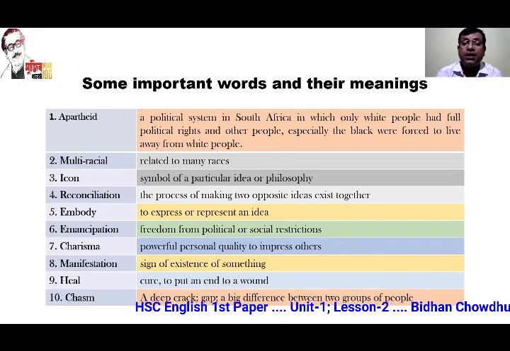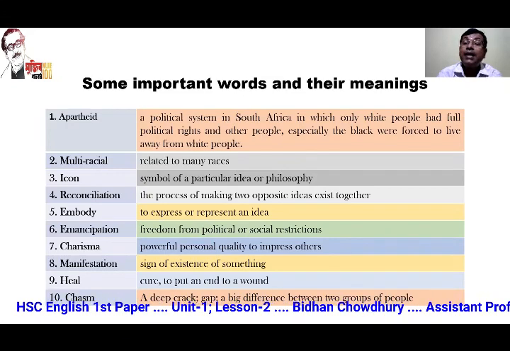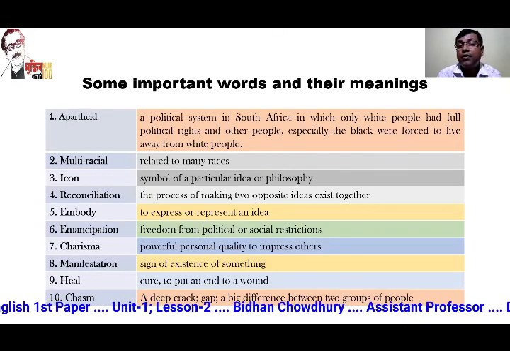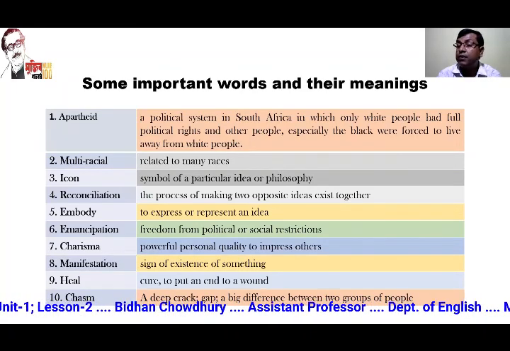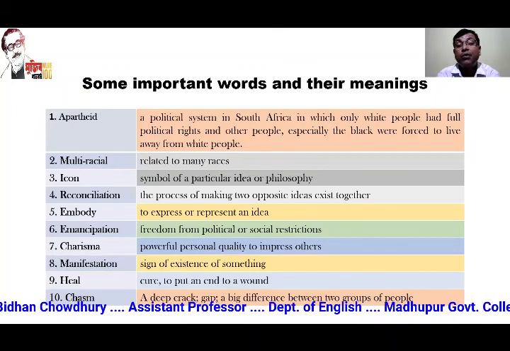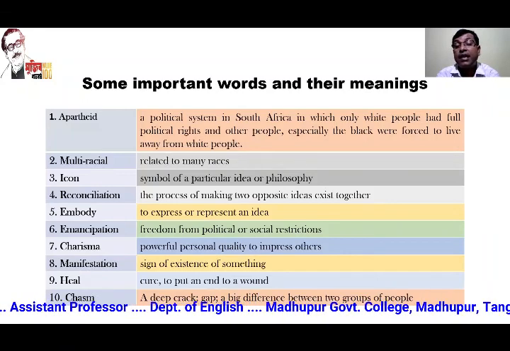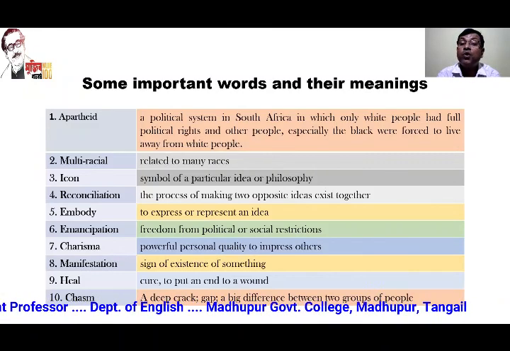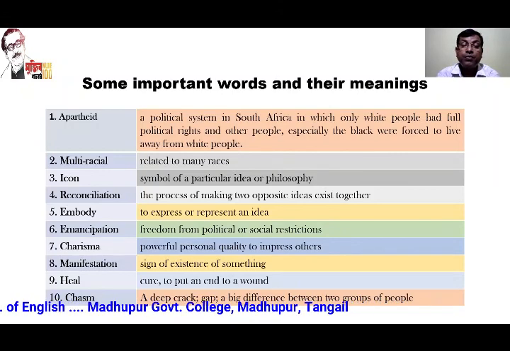Then multiracial, that is related to many races. Icon, symbol of a particular idea or philosophy, that is called icon. Nelson Mandela was an icon of peace and reconciliation. That means Nelson Mandela himself symbolizes the philosophy of peace and reconciliation.